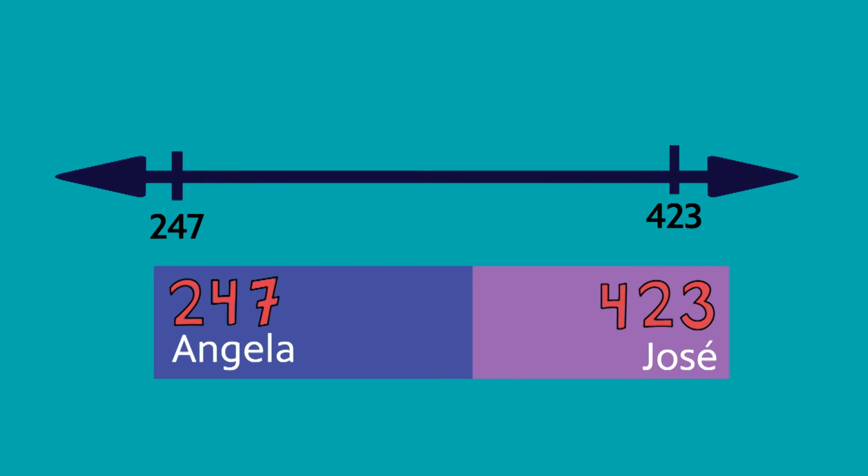Another idea that I heard you share involves a number line. We know that Angela has 247 points. I'll put this here. And then we need to get to Jose's 423 points, so I'll put that here. For both of these representations, it looks like I need to find the number of points needed to get from 247 to 423.